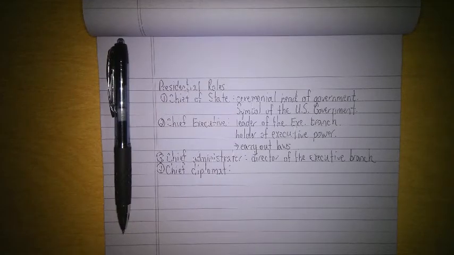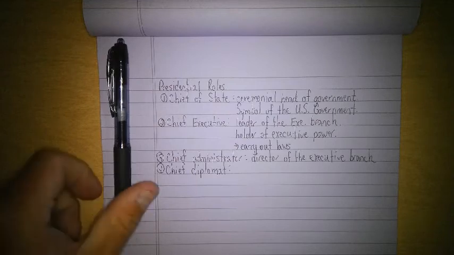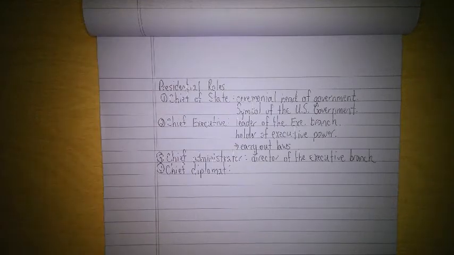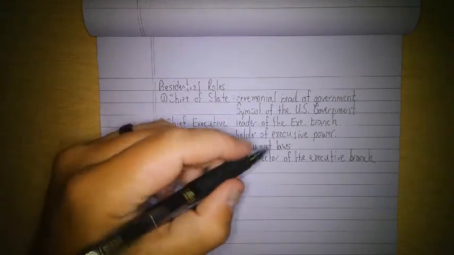So, what I mean by chief diplomat is if someone from another country is a diplomat that comes to the United States, who do they come in to see? The president, to try to work out whatever issues we may have with other countries. Y'all get that? Diplomat means other countries. So beside a chief diplomat, it says that the president is the main architect of the nation's foreign policy.